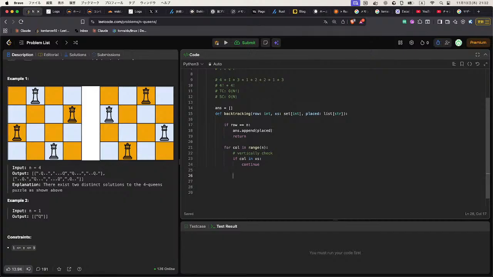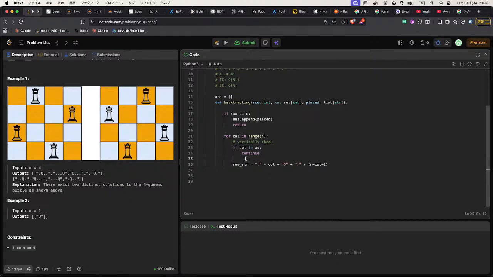So that means construct the row, right? How to construct? If the column is 0, N minus 1.